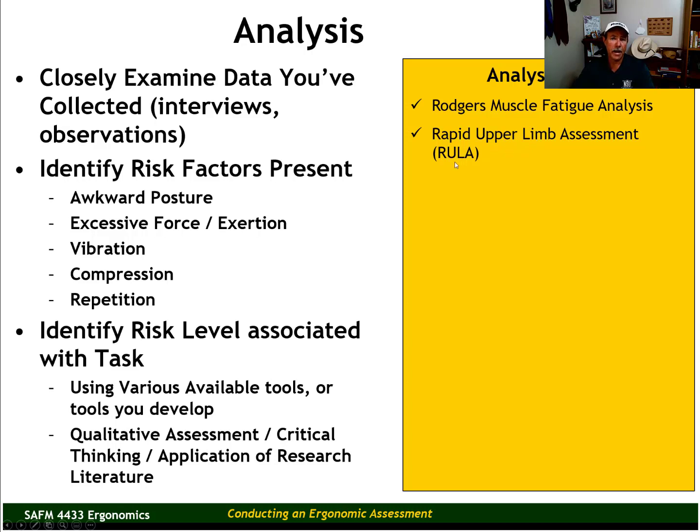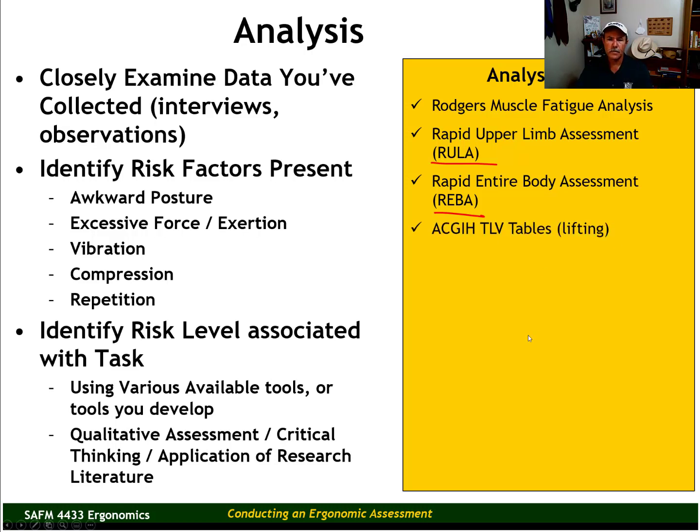In fact, that's going to be our next module in this unit. Rapid entire body assessment. And the acronyms for these two assessment tools, I'll bet you've heard these before from your other classes. RULA and REBA are the acronyms that represent these two types of assessment. We will be talking about how to use these particular tools in the next module.